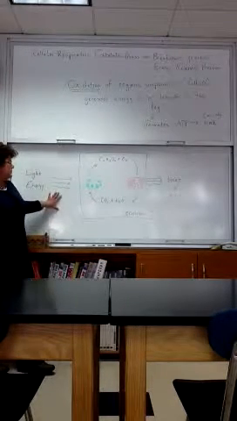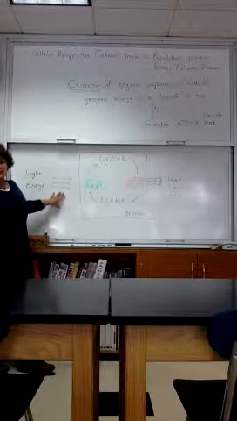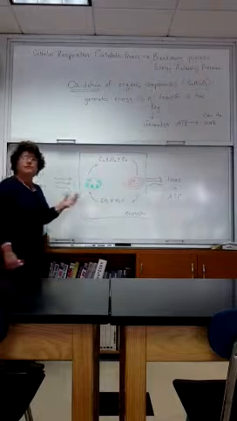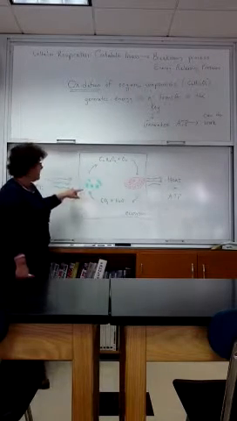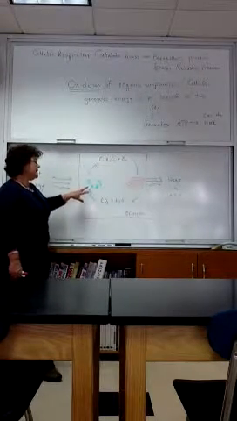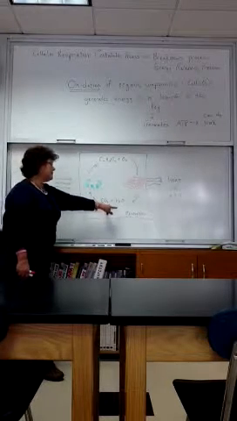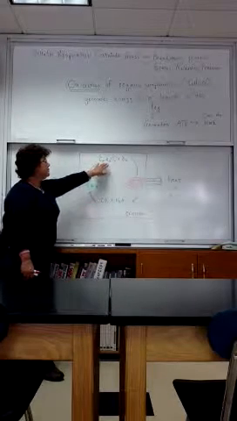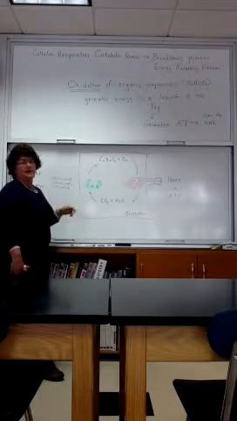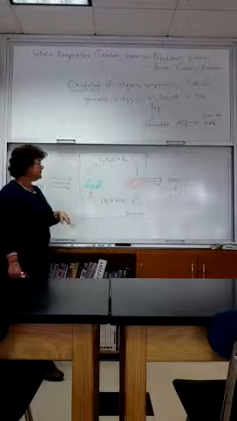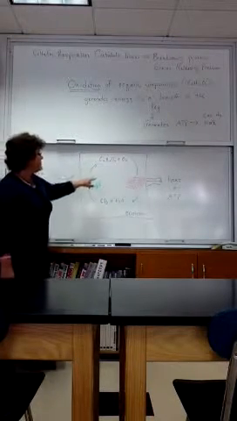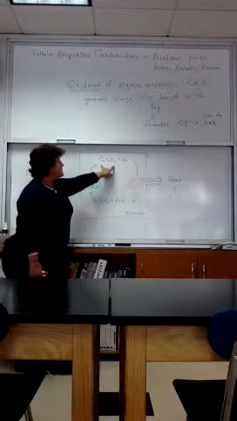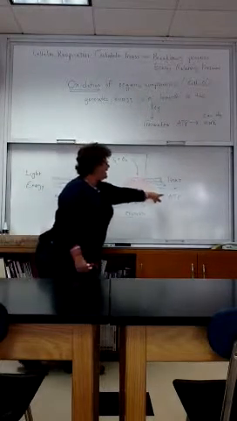So energy enters ecosystems in the form of light or radiant energy from the sun, and certain organisms, autotrophs or photosynthetic organisms, can capture that light energy and transform carbon dioxide and water, this type of matter, into glucose and oxygen, another type of matter. This type of matter, the glucose and oxygen, then can be used by all organisms to generate ATP.